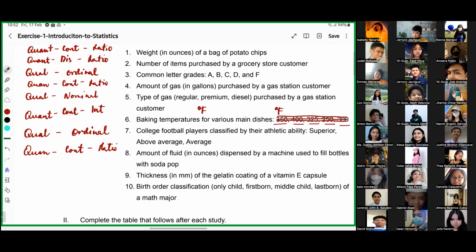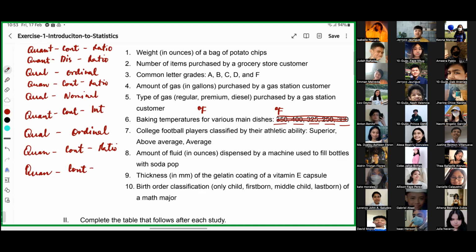Thickness in millimeters of the gelatin coating of a vitamin E capsule. Thickness po, so quantitative, continuous po, and nominal po ba, sir?